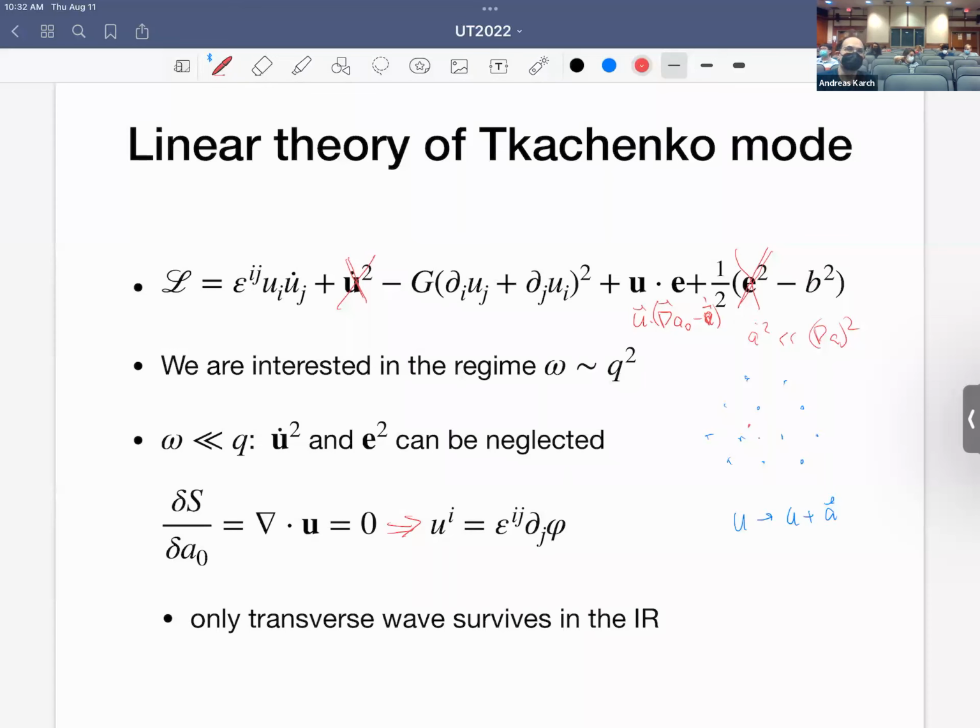So maybe one of the places where one should be more careful is in solving this equation. I assume that when the divergence of u equals 0, u at infinity is 0, and so u is equal to epsilon ij d_i phi.